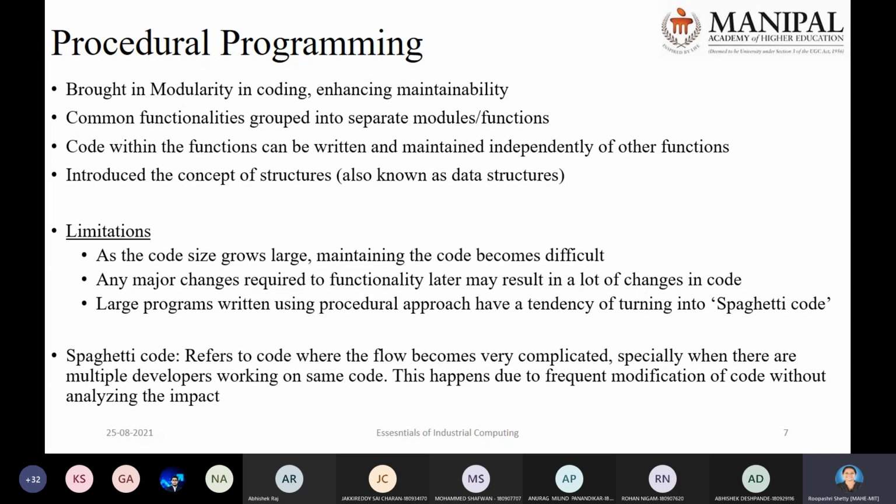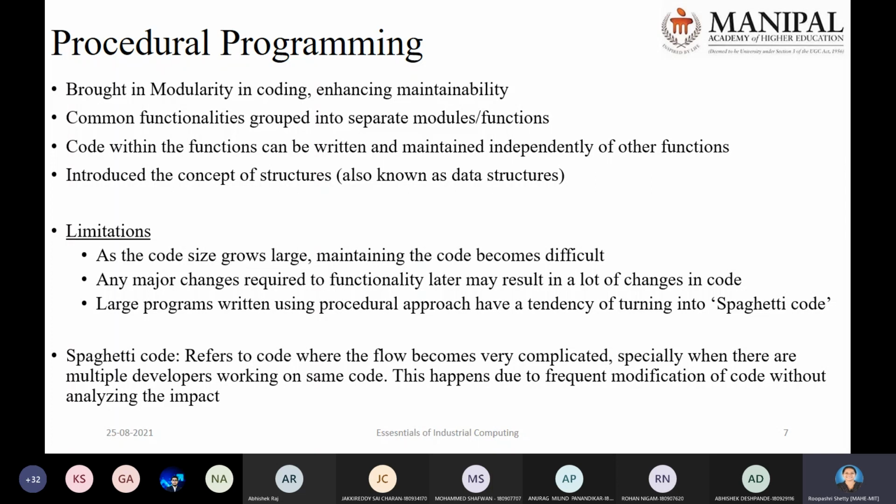So at that point of time, when a part of the code has been manipulated by so many other developers who are working on the same code, it could turn into what we call spaghetti code. Okay, so it becomes very complex. The developers will find it very difficult to trace the flow.